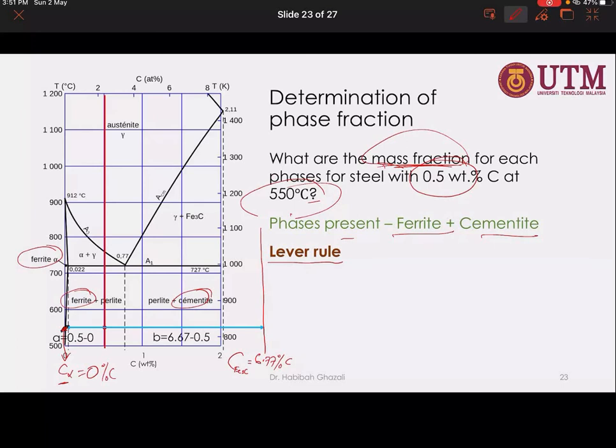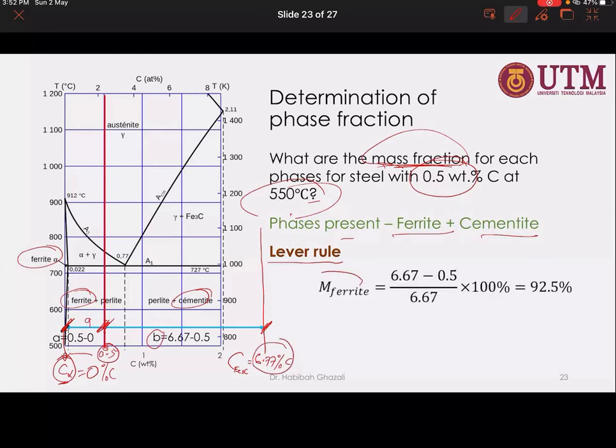The length between this and this is A. How do we measure A? It is from 0.5 to C alpha. And B, the length from here to here, is the distance from 0.5 to 6.77% carbon.